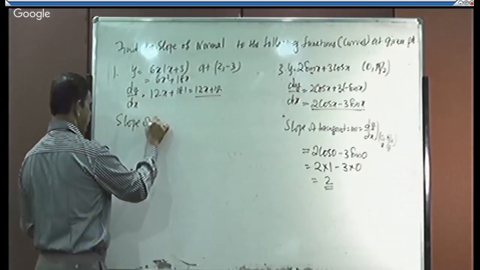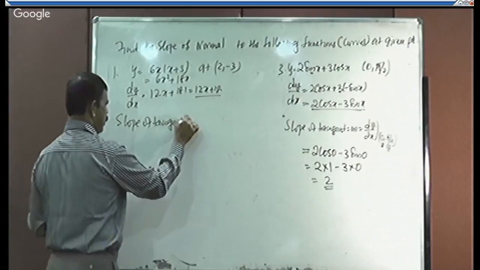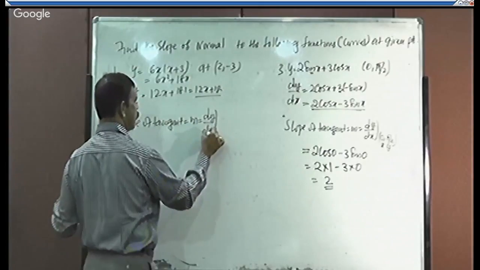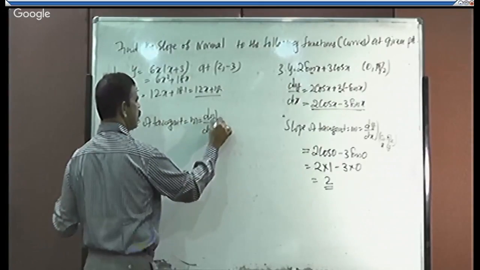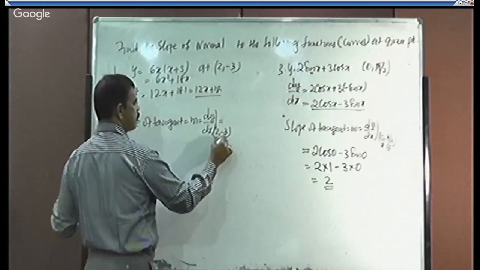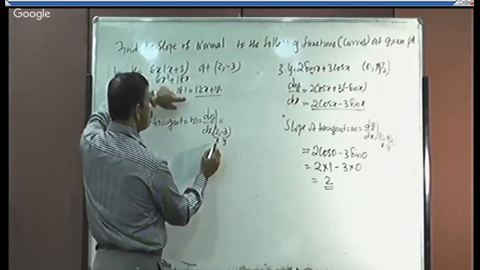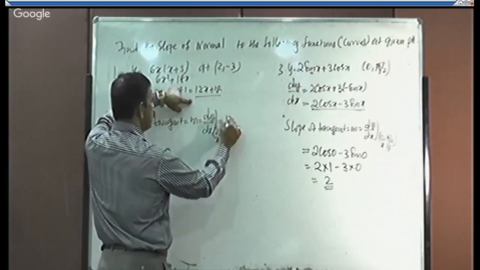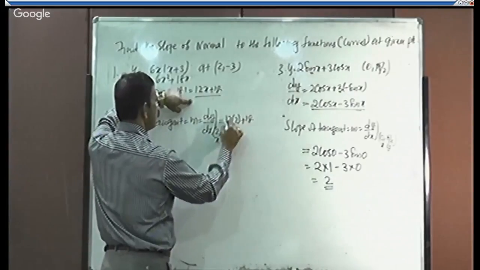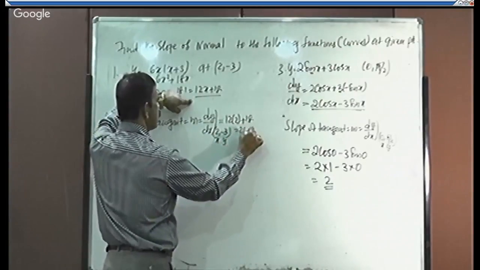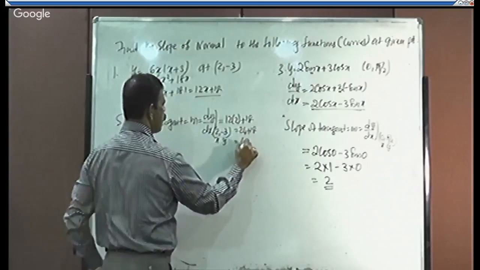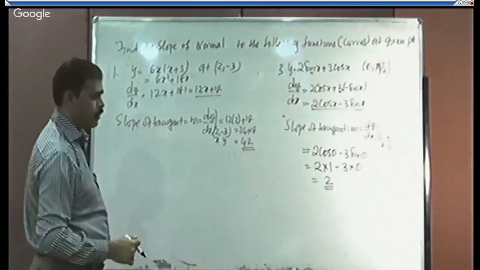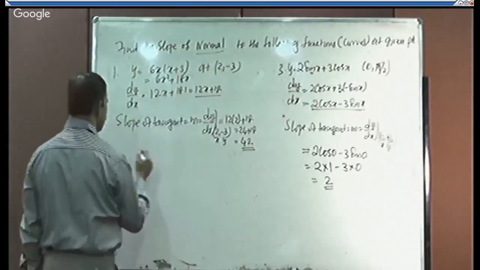Therefore, slope of tangent is m equal to dy by dx at the point. What is the point? 2 comma minus 3, where 2 is x and minus 3 is y. We need only x, we don't need y, but they will give you both x and y. 12 into 2 plus 18. 12 into 2 is 24, plus 18 is equal to 42. 42 is the slope of tangent, but we have to find the slope of normal.